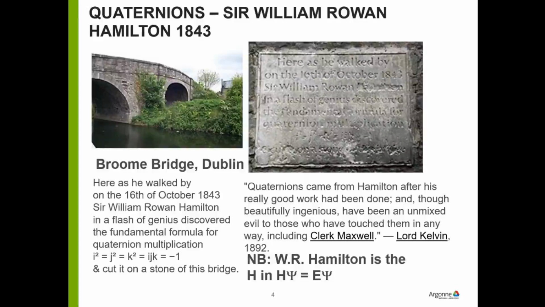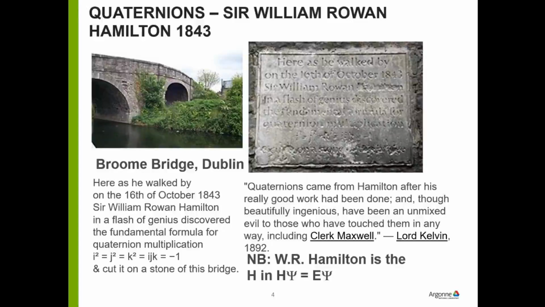Someone said, yes, it says here, cut it out on the stone of the bridge. So he would remember it, I guess. So someone put up this little plaque that says, here is where he invented this thing.